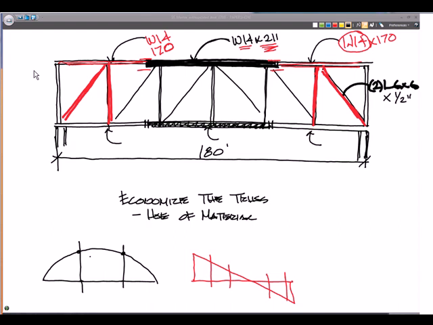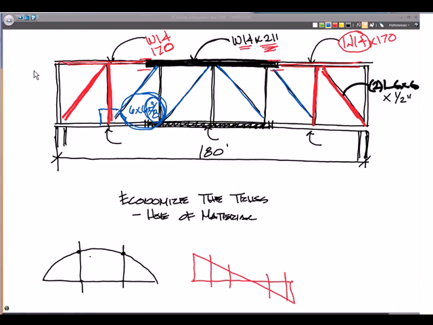Okay, and then when we get to the next set of angles to economize this, maybe these angles are double angle 6 by 6 by 3/8. Okay, so just showing you we've kept the detailing the same. Everything's a double angle 6 by 6 and it all bolts up the same at the gusset plates because of the geometry, but I'm reducing the material in the weight based on the thickness.